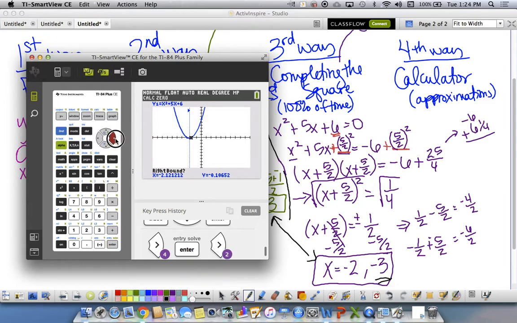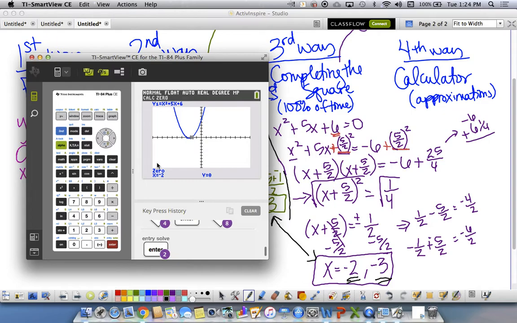And then I'm going to do a right bound after it goes up. Doesn't matter how far. And then it asks me for a guess. This time I'm not going to move it. It's okay if you don't. I'm going to hit enter. And guess what? It's going to take me to the other zero. Okay? You're done. That's it.